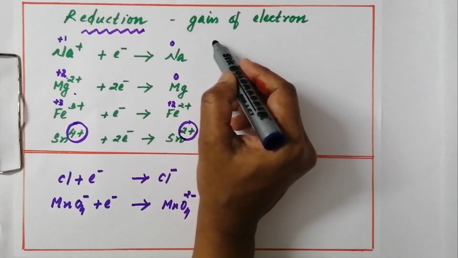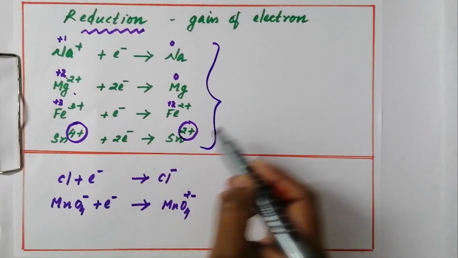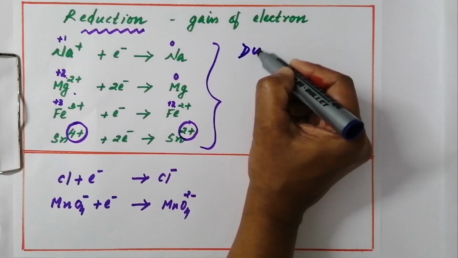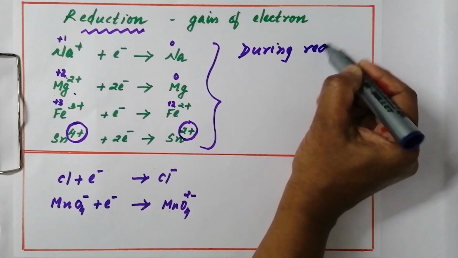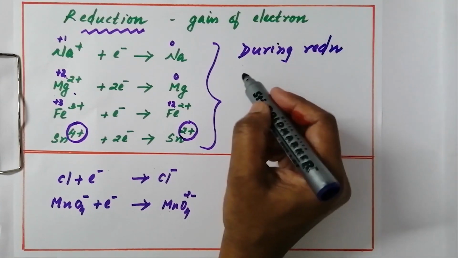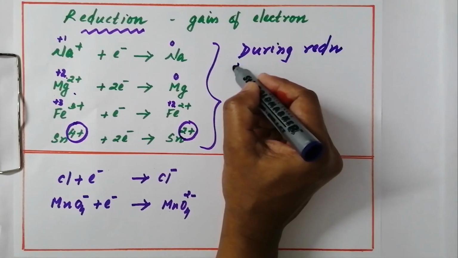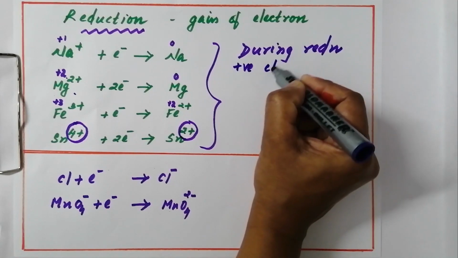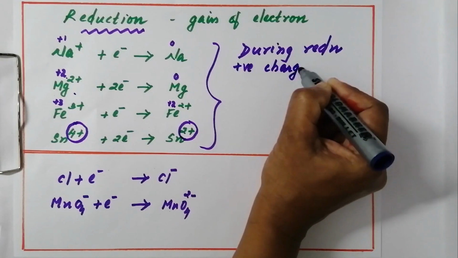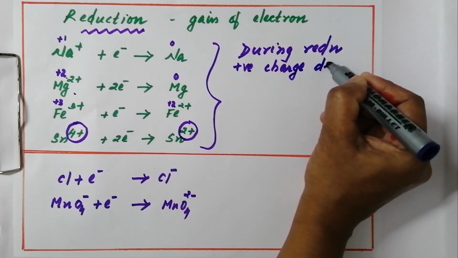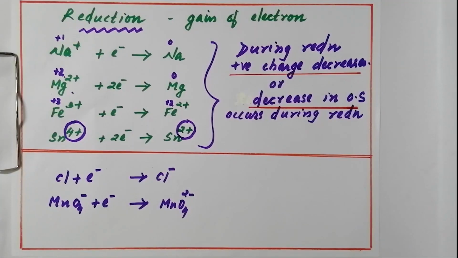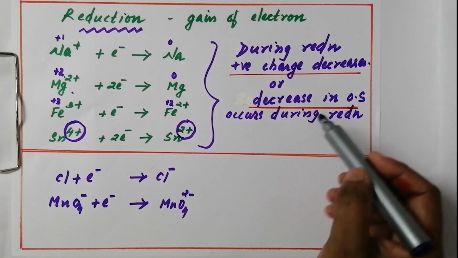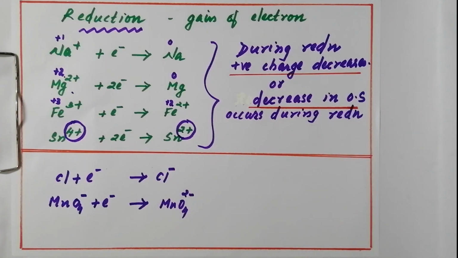Or we can say that during reduction, positive charge decreases. We can see that during reduction, there is a decrease in oxidation number.